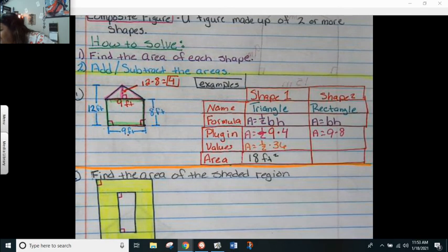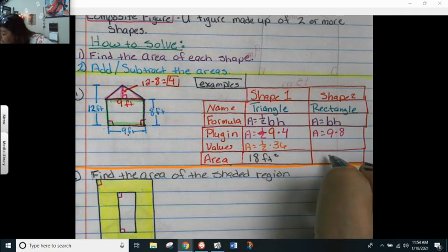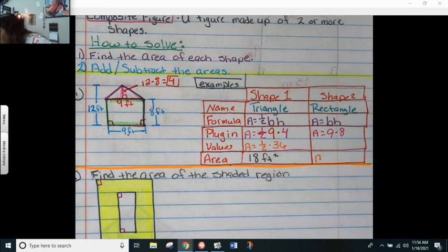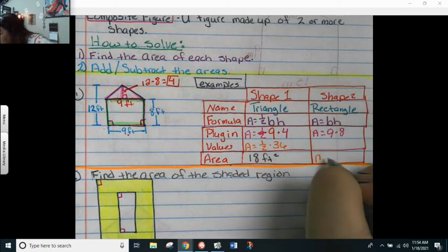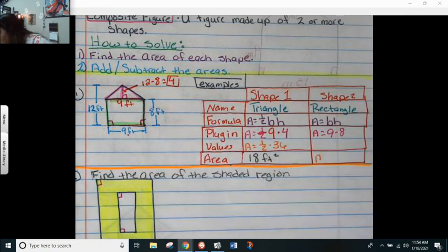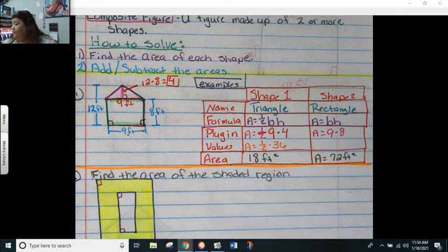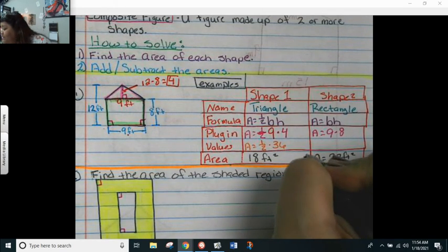Okay. So area equals 9 times 8. And 9 times 8 gives me, let me see, I used purple. 9 times 8 is 72. So here the area equals 72. Area equals 72 feet squared. Now all I have to do is add them together.